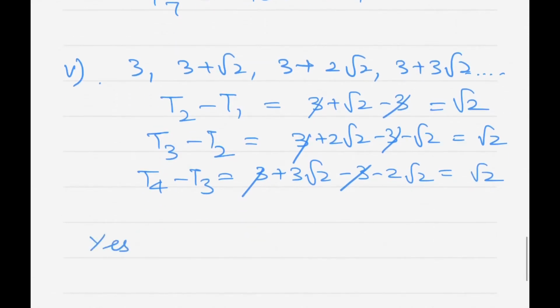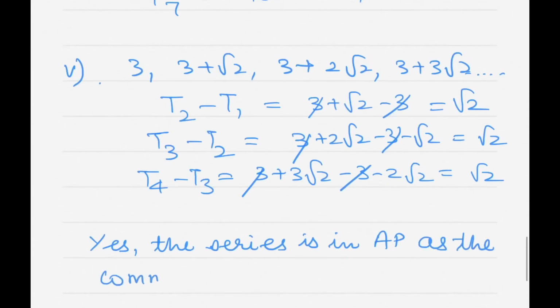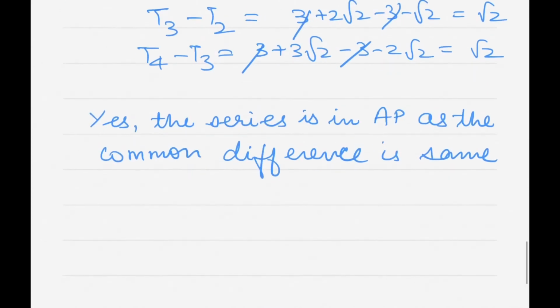Now I can write down, yes, the series is in AP, as the common difference is same. And what's the common difference? Now my d is equal to root 2. We have figured it out.